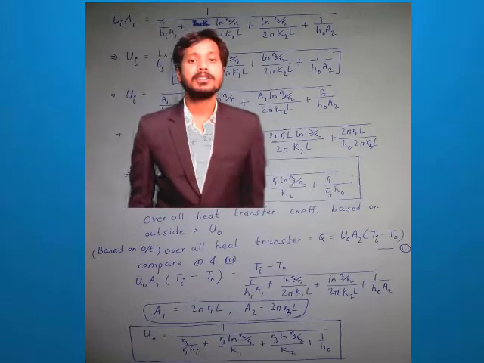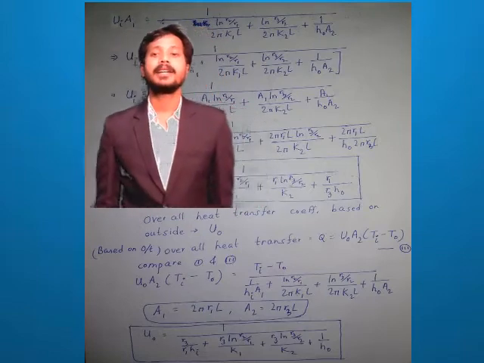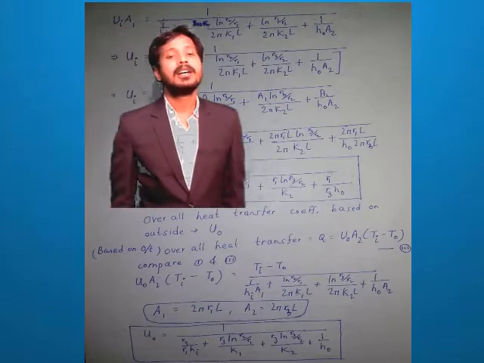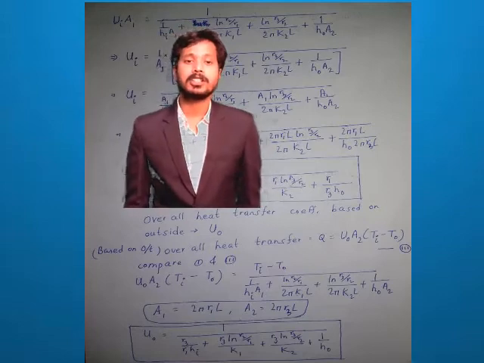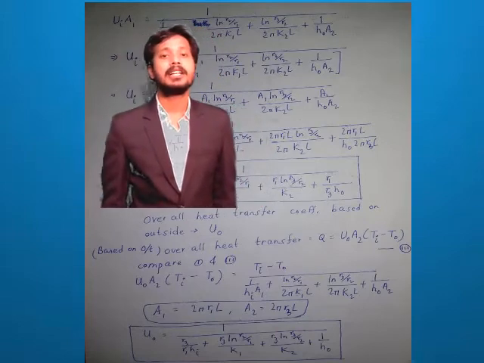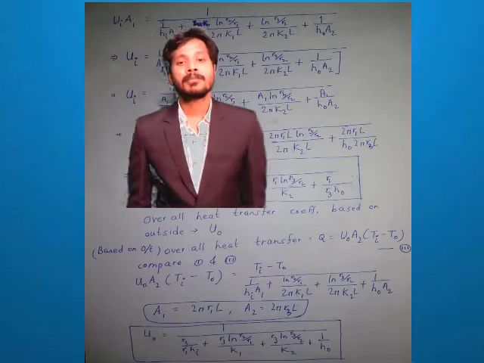Here also I put the value of A1 as 2 pi r1l and A2 as 2 pi r3l, and from both sides I can cancel the Ti minus T naught term and take this A2 from the left hand side to the right hand side and put it inside the bracket.